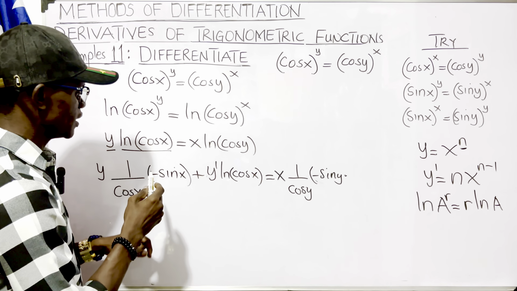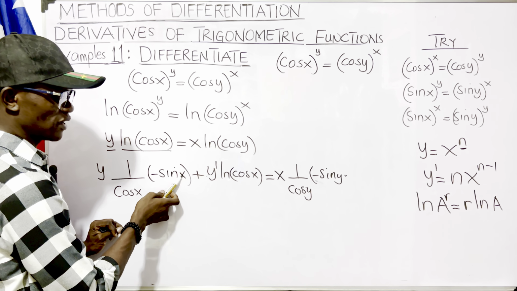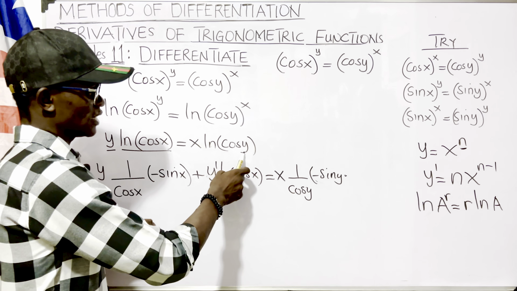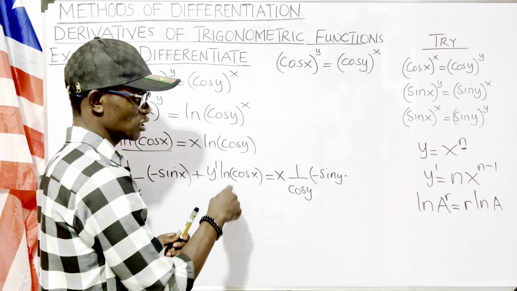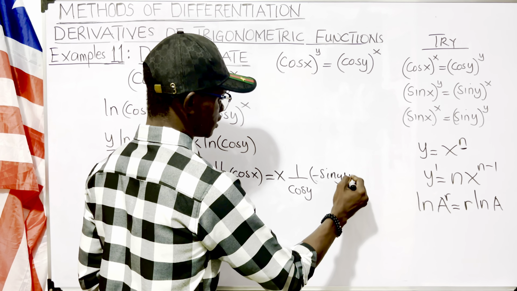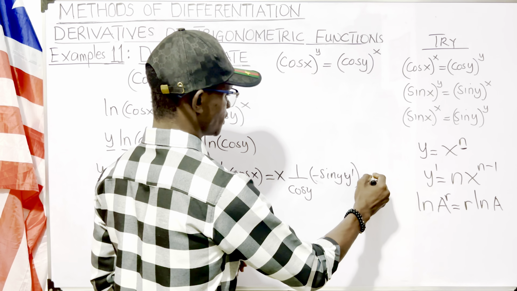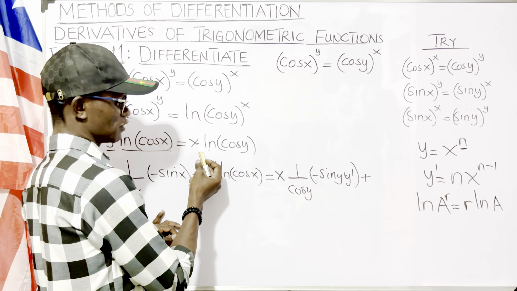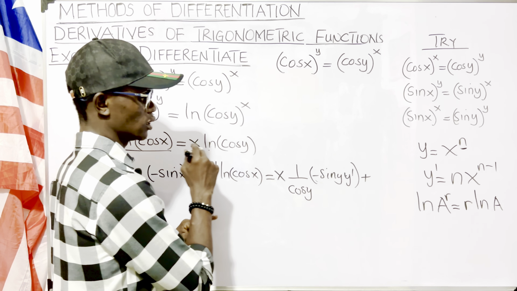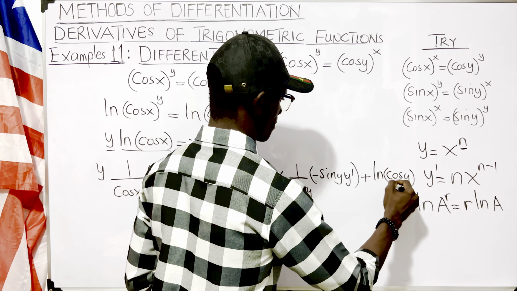The reason we did not bother to differentiate the angle earlier is that the derivative of x is just 1. But for this case, the derivative of y is 1 attached to y prime, since y is the name of the function. So we're done with this. Plus, we hold on to ln of cos of y and differentiate x, which is just 1. So it's just ln of cos of y.